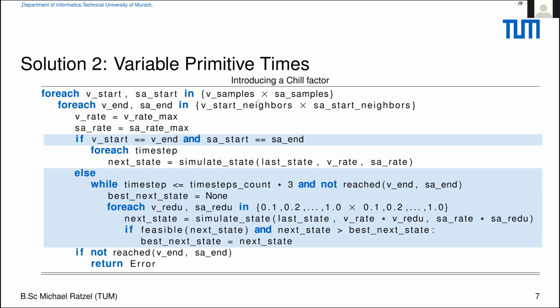As you can see here, if the velocity for the start and the end and the steering angle is the same, we will still make this half a second straight drive, but as soon as we have some change, we try to find the fastest trajectory from the velocity start and steering angle start to the velocity end and steering angle end. It's basically just brute forcing through those steps and trying to connect those trajectories.